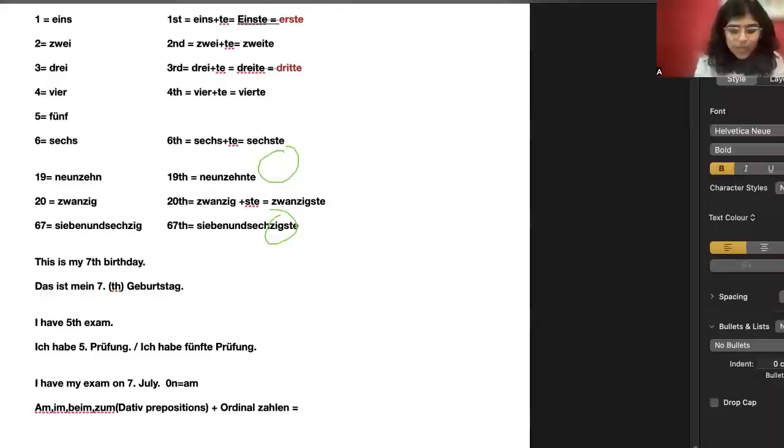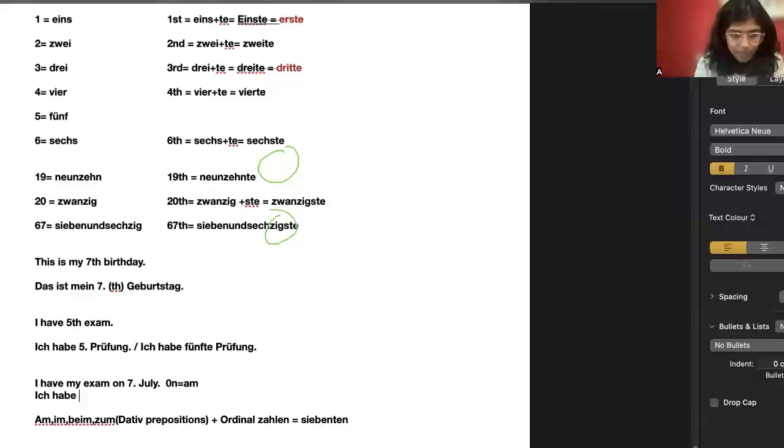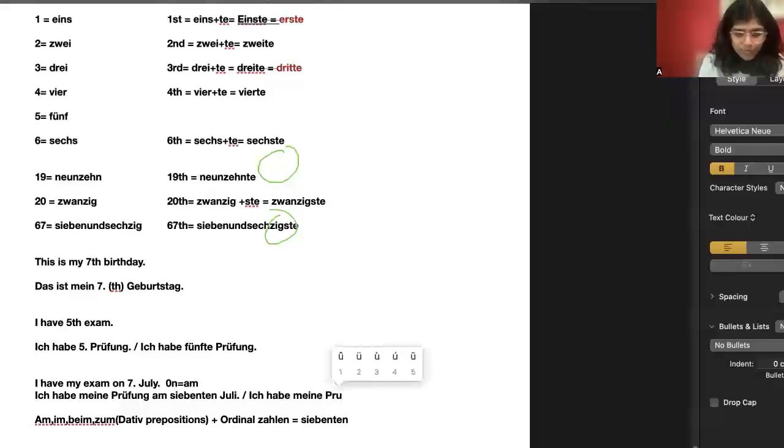Normally it is siebenter, but you put the extra n only when this condition is there. So it will be siebenten. The sentence will be: ich habe meine Prüfung siebenten Juli, with the extra n because of the dative before it. This is one way. The second way of writing is ich habe meine Prüfung with the dot, as I've explained before.